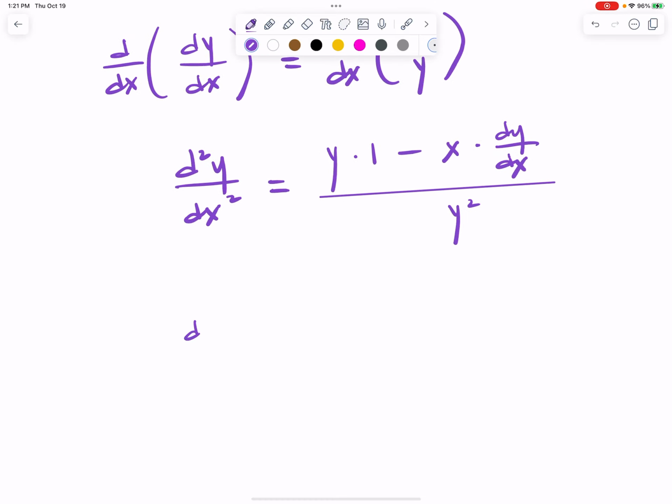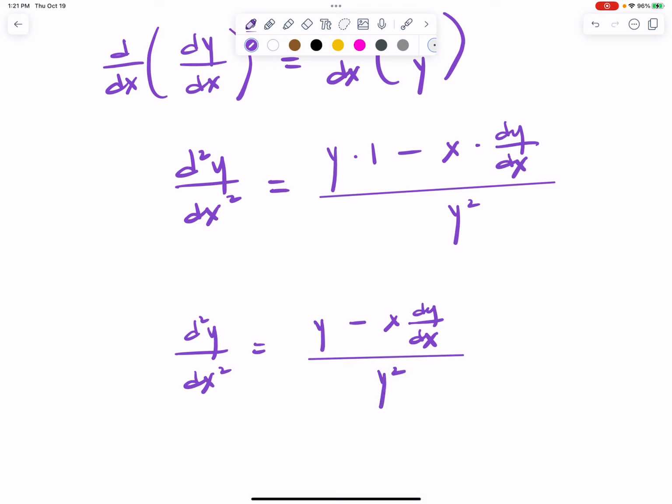So to clean that up a little bit, that's y minus x dy over dx over y squared. Now here's the thing, we could leave as is, but we know what dy over dx is equal to, right? We know dy over dx is equal to x over y.